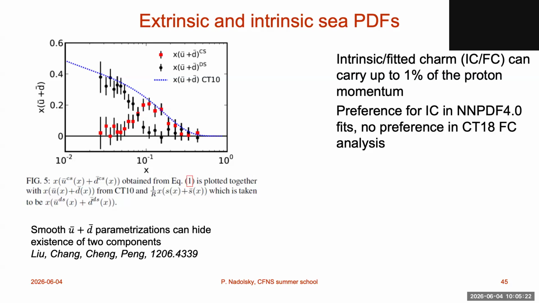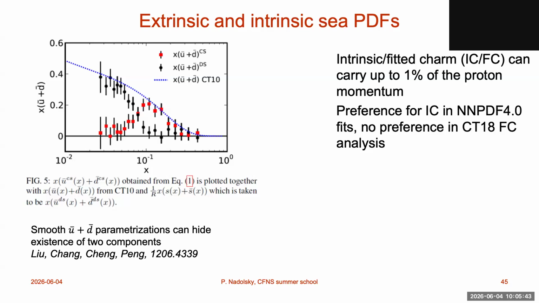Yeah, because PDF has a scale, so when we say d̄ over ū, is it true for all energy scales or within some? Well, of course, this ratio will evolve, right?